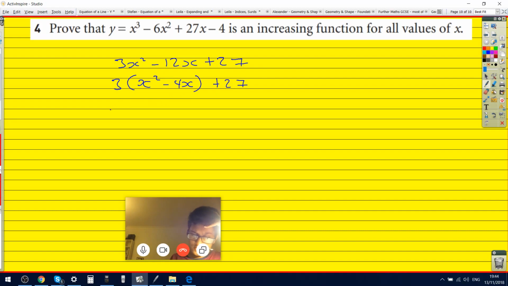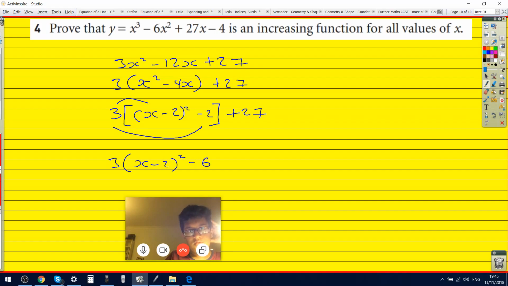Let's see. So 3, and then in perfect square form, x minus 2 squared minus 2. Is that what you had? Yes, I got that. And so 3 times x minus 2 squared minus 6 plus 27, so plus 21.